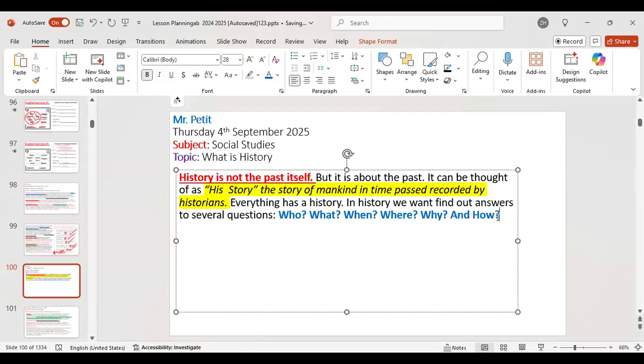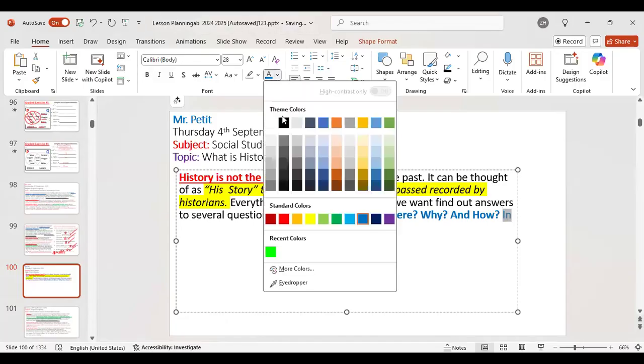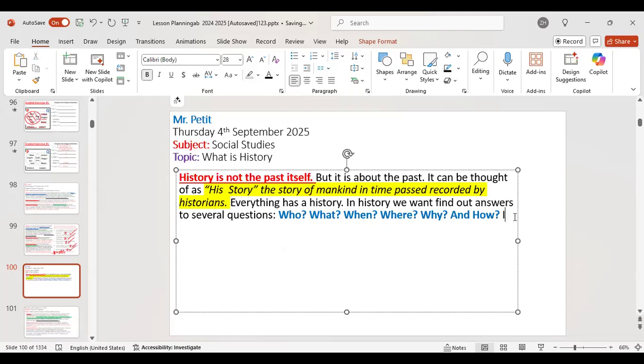So in history, it is important that we make a distinction between primary sources, right?